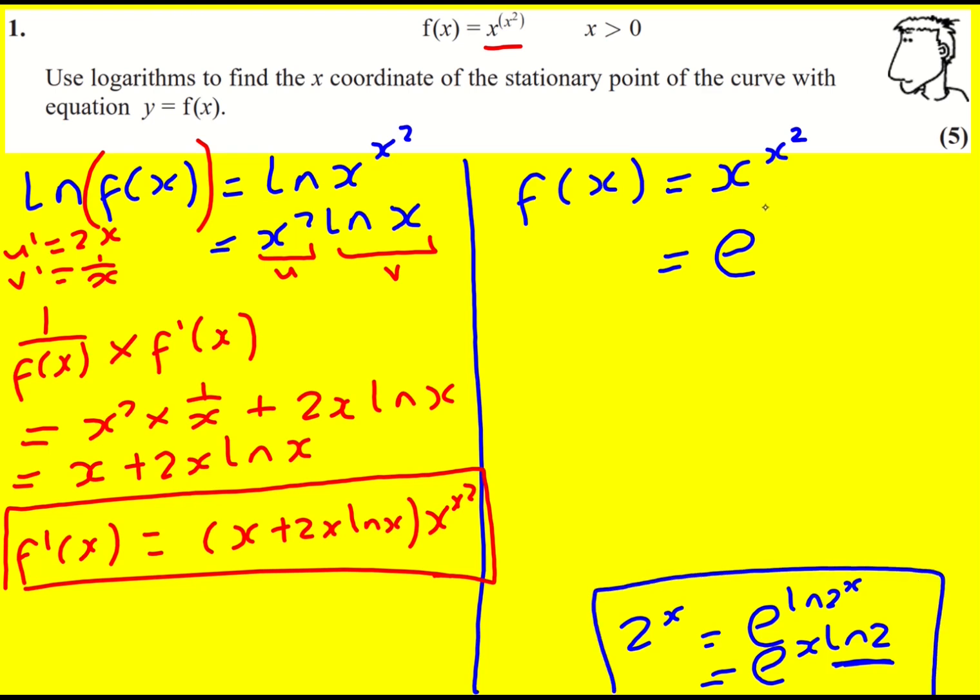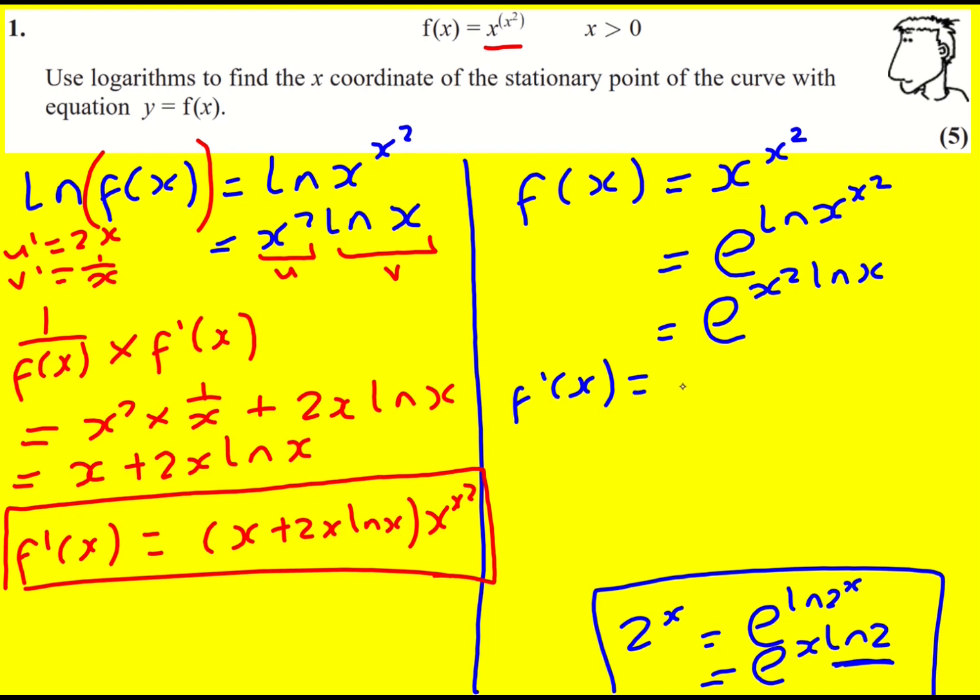In a similar way, it's going to be e to the ln of x to the x squared. So similar properties are now being used. I'm going to bring the x squared down, e to the x squared ln x. And that means f dash x, now I need to use the chain rule. So I'm going to use the outside-inside version of it. Differentiate the outside first.